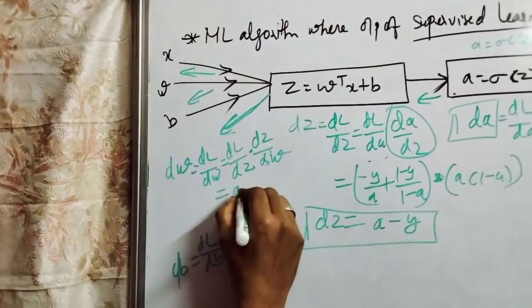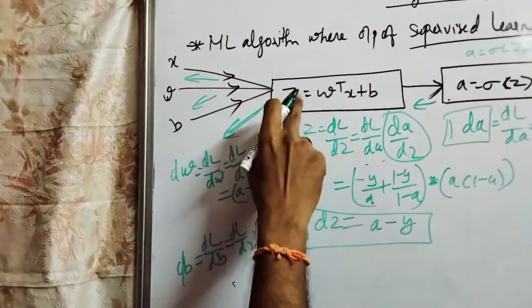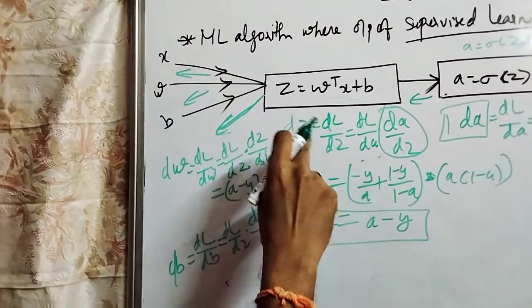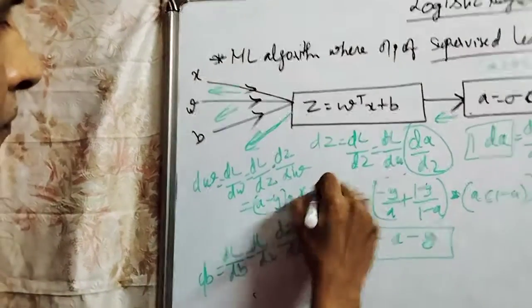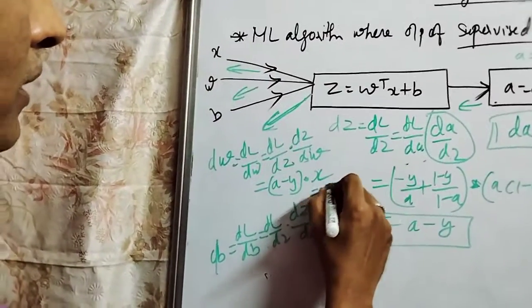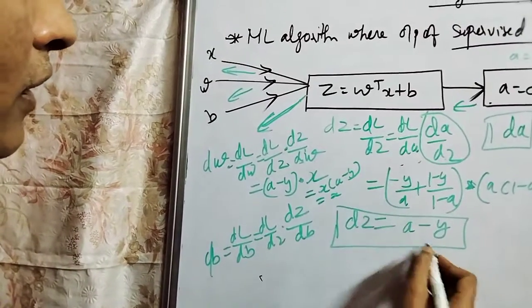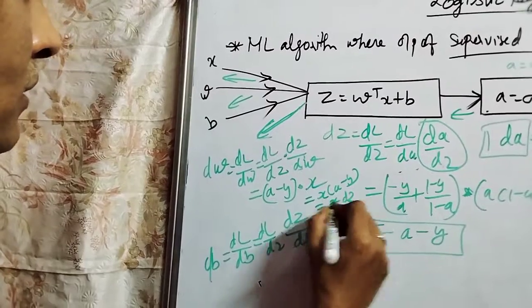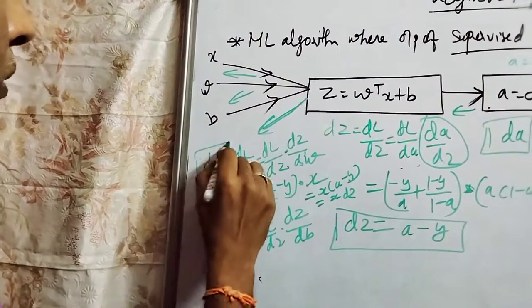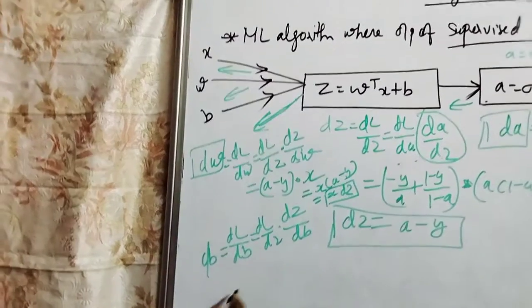So we substitute this a minus y here, and we find dz by dw, that is, the first order derivative of the z value with respect to w. So you will get x. So this is x into a minus y. We already know a minus y is dz, so this is x into dz. So what we get for dw is x into dz.